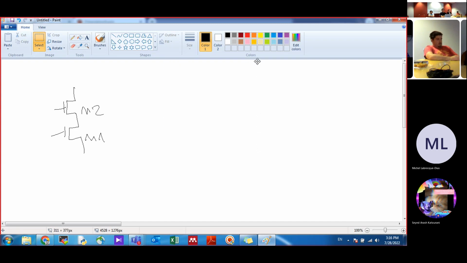What is the merge? So for example, this is S1, this is D1, and also this is S2, and this is D2. These are the gates, okay? So you start from the bottom. It is S1, then the gate, then D1.